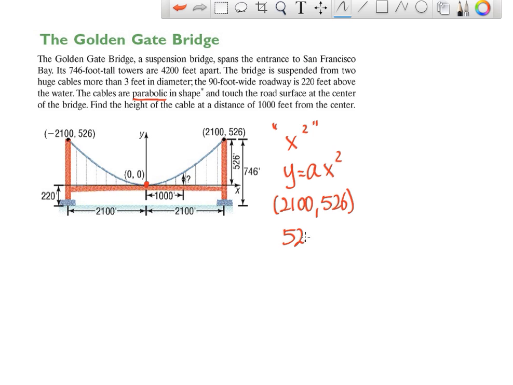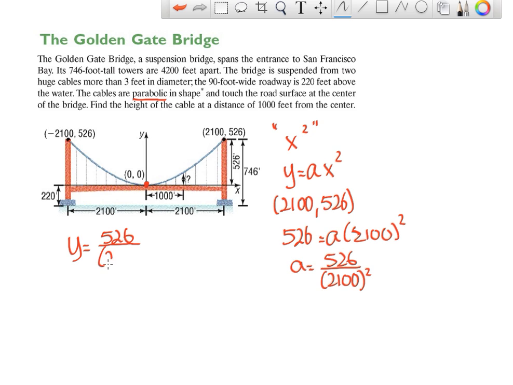So 526 equals a times 2100 squared. So a is whatever this equals. Don't multiply it out, just work with it for now, because ultimately we're really not interested in what a is. We want to work with this expression, and we need to evaluate this at 1,000 feet from the center.